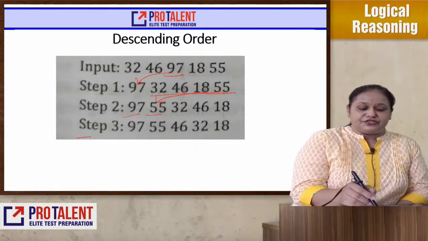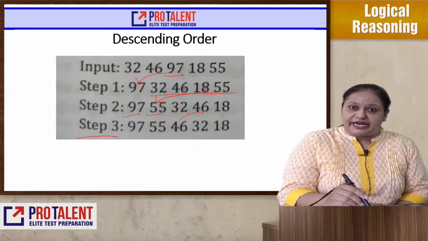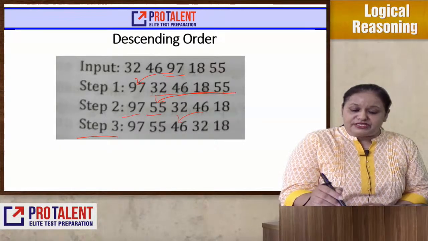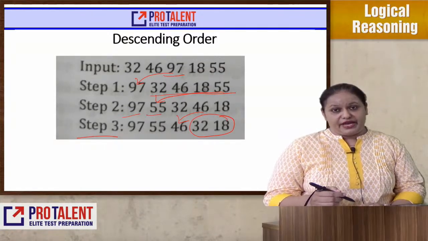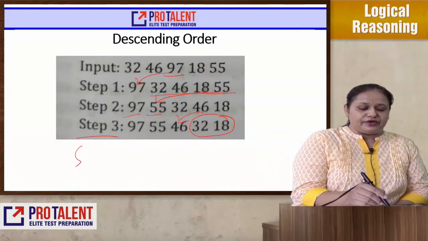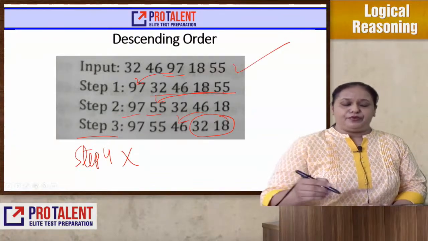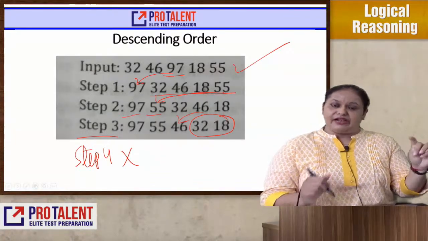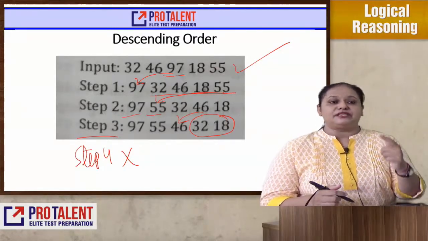In step 3, the moment I bring 46 after 97, 55, the rest 2 numbers are automatically getting arranged. So I don't have to move further. I don't have step 4 here. For this input, in 3 steps itself, the entire set of numbers is sequenced as per the logic.